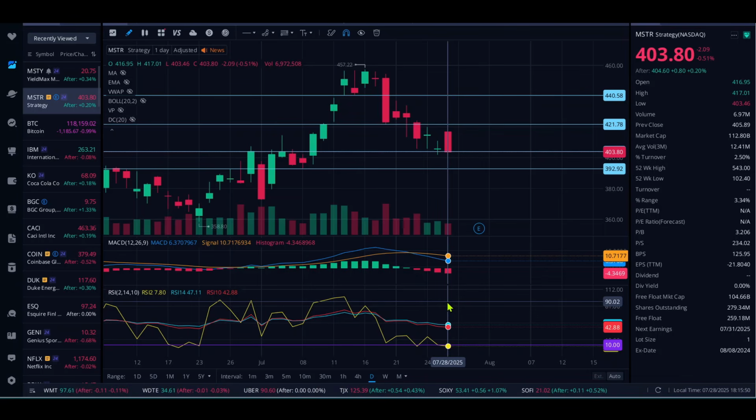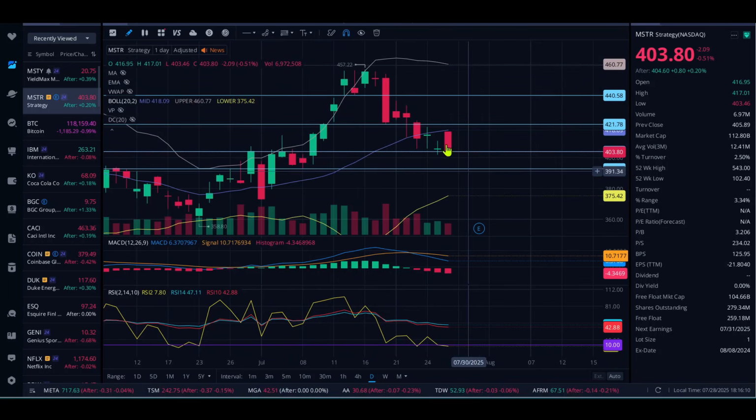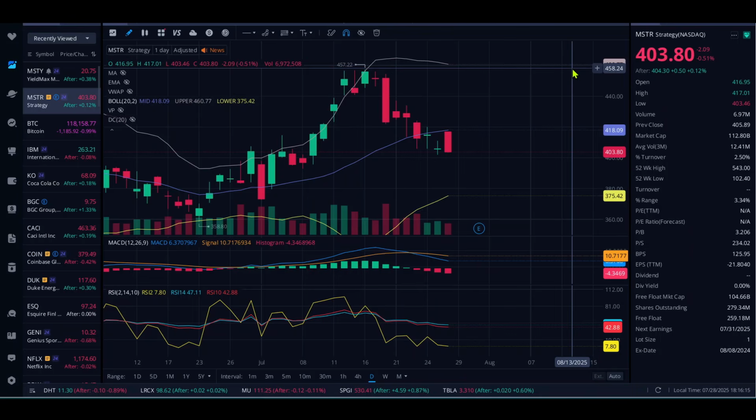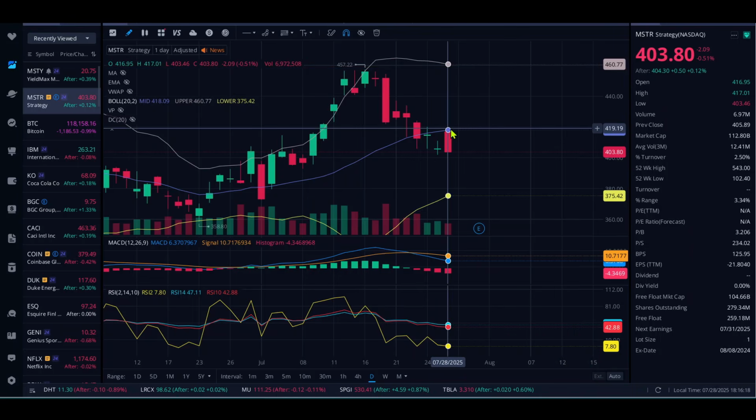Now the RSI 2 did end up dropping below that 10, and let's see where that sets on the Bollinger Band, as I imagine it might be below the midpoint of that Bollinger Band. And there we go. Let me hide those lines just so that it's easier to see. And you can see right here's the midpoint, and that midpoint being about 418.09, and today it closed at 403.80.